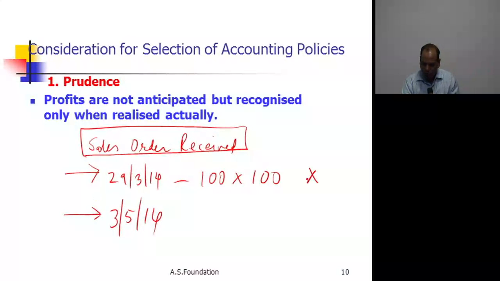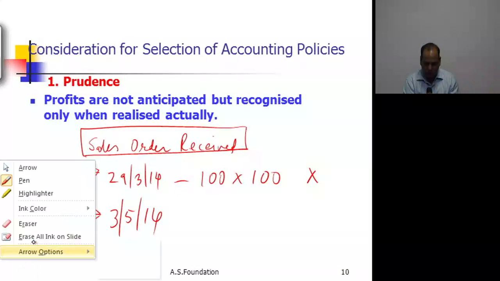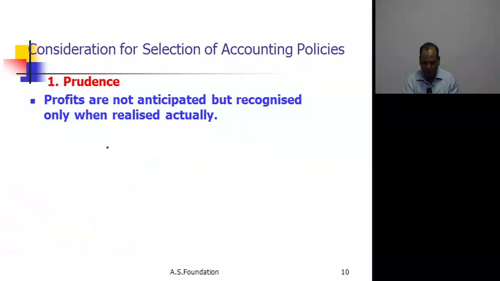Which means you will not recognize sales on 29th March, only on receiving a sales order. Although there is an anticipated profit here, because had you passed the entry for sales on 29th March, you would have booked profit on that day if sales include profit. So anticipated gains are not recognized.